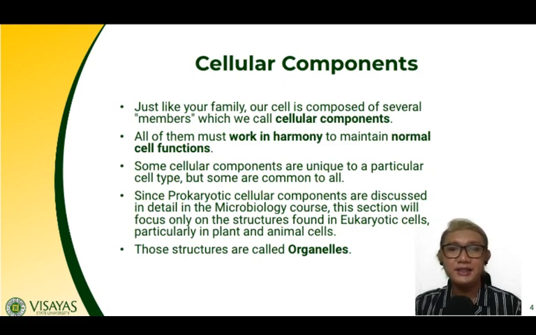Since prokaryotic cell components are discussed in detail in the microbiology course, this section will only focus on the structures that are found in eukaryotic cells, particularly in plant and animal cells. These structures are called organelles.